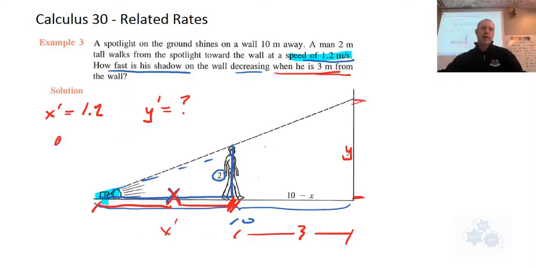So it's at x equals 7. To tell you the truth, I don't know if you need to have this at the beginning, but because this is 3, you're going to have to realize that you have to write this in terms of x, because you can't have another variable, and you have to know where to put it. So this 3 is going to have to be written in terms of x, which is 10 minus x, right? 10 minus 3 is going to be the x, the leftover.